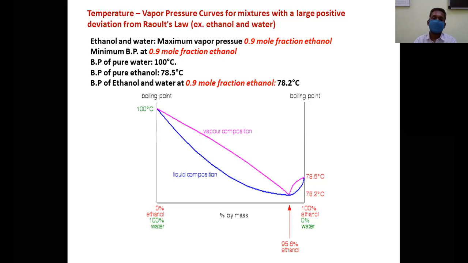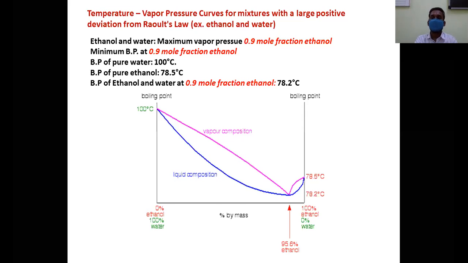That is also shown. So if you prepare a solution of any other composition apart from 95.6% ethanol, you don't get it below 78.2 degrees Celsius. Is it not? Fine. That is how a curve of this nature looks like.